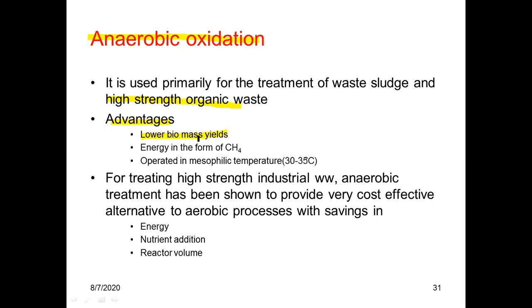The sludge has to be separated from the clarified water. But in anaerobic oxidation, there's a lower biomass yield, so the production of sludge is very low compared to the aerobic method.